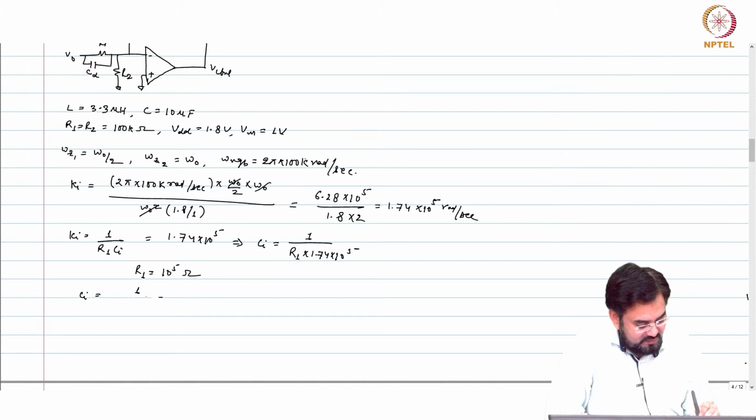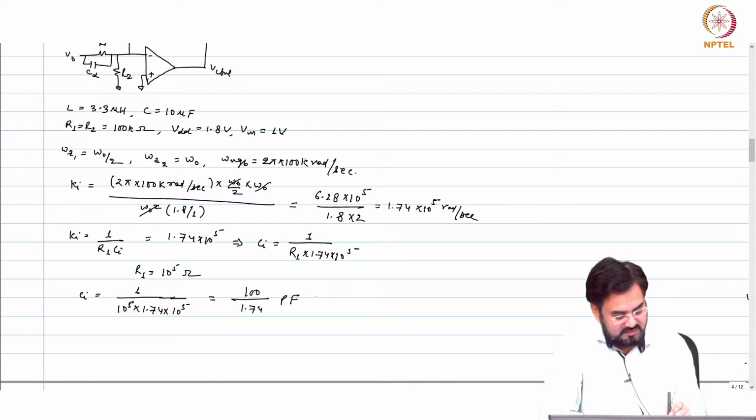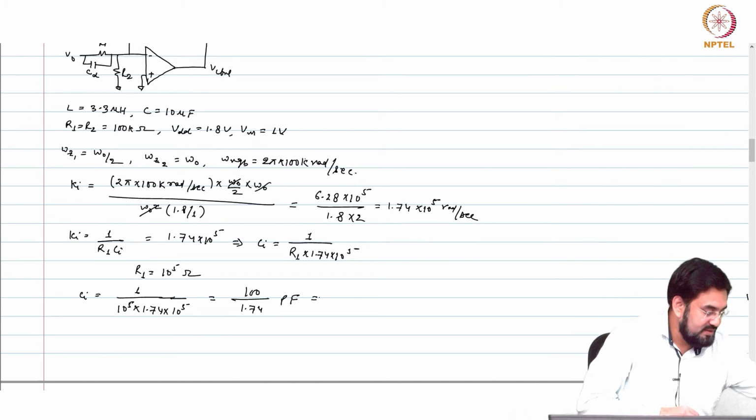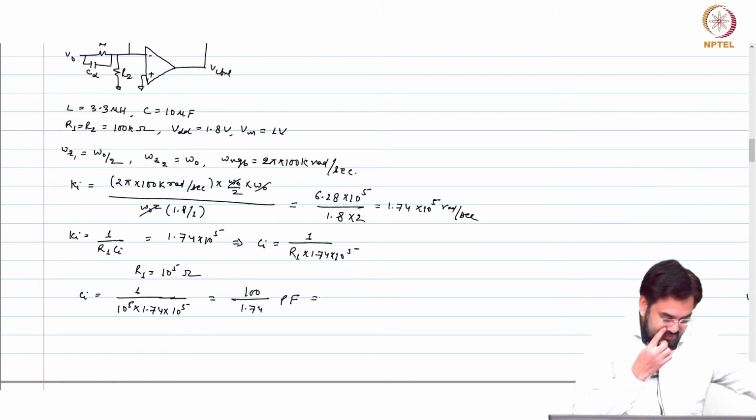So CI is 1 over 1.74 into 10 power 5 into 10 power 5, which is 100 over 1.74 picofarad. How much is that? 57.4 picofarad.